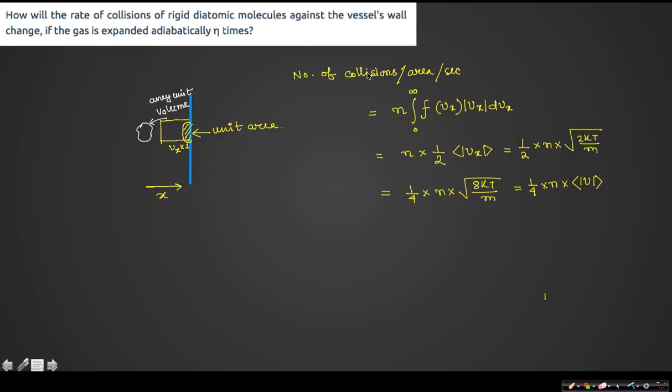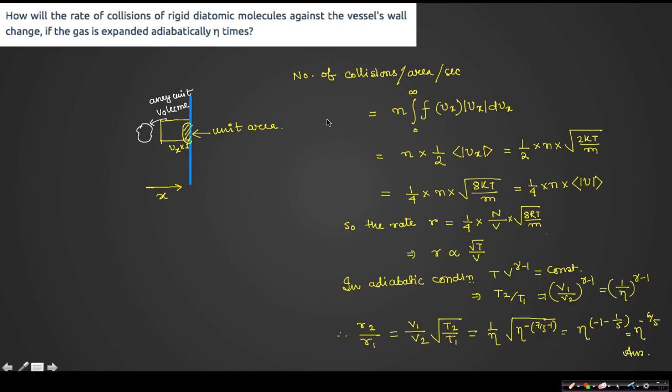Now come to the question. This particular question says that the gas is expanded adiabatically and its volume expanded eta times, right? So again I can say that the number of collisions per second per unit area depends on n and root over of temperature, right?